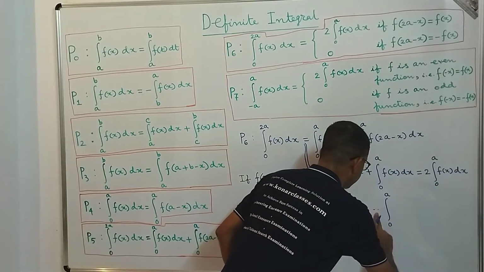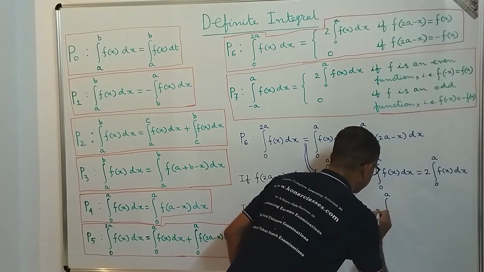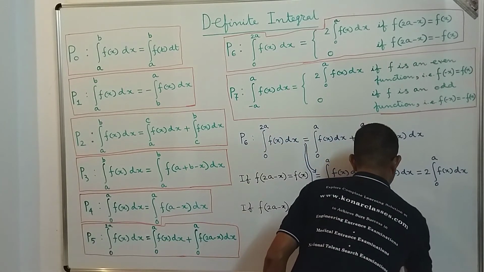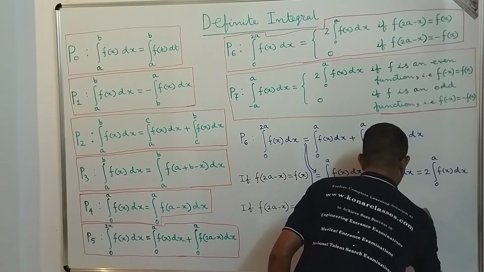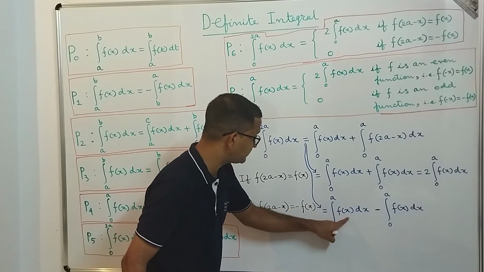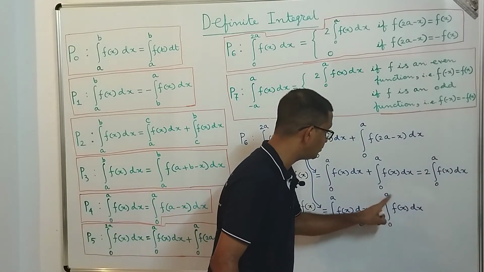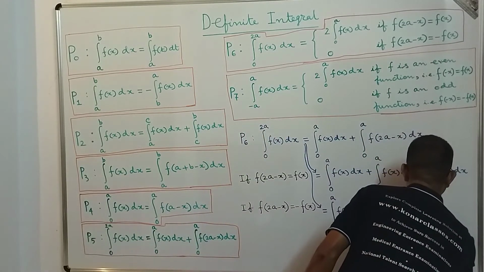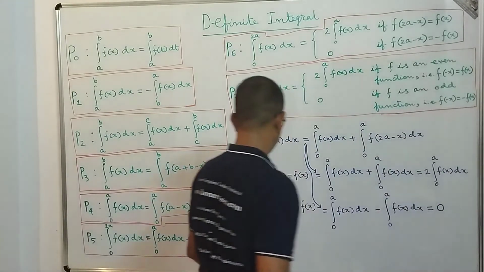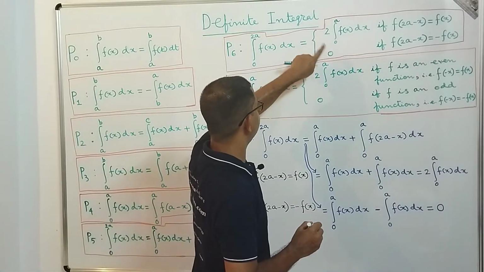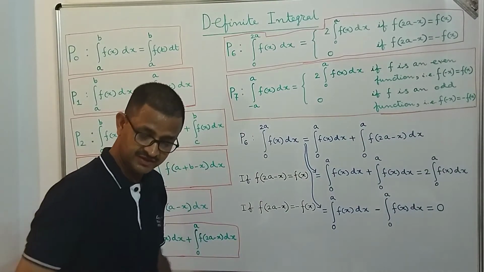So that minus we can bring outside of the integration and write f(x) dx. Now integration 0 to a f(x) dx minus integration 0 to a f(x) dx, the value is equal to 0. Okay, so we are able to prove both the branches of property P6.